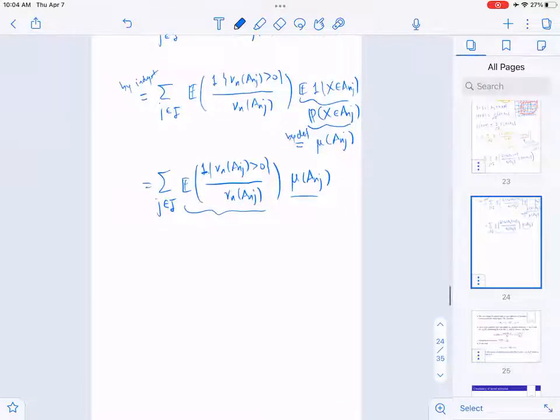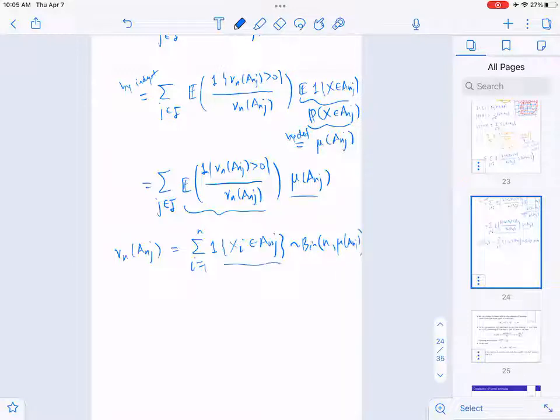So what is the distribution of nu_n(A_j)? If you recall, this is just the summation over i from 1 to n. How many basically x_i's are in A_j? Binomial, yeah. So binomial with number of trials n, and the probability is mu(A_j), basically the chance that each one of them is in there.